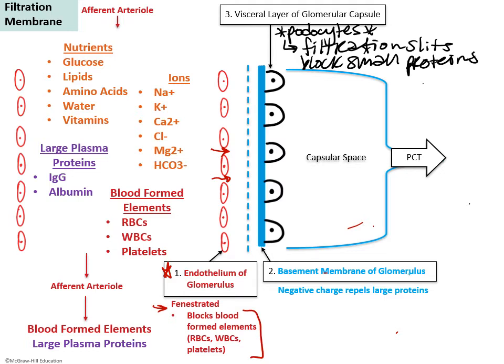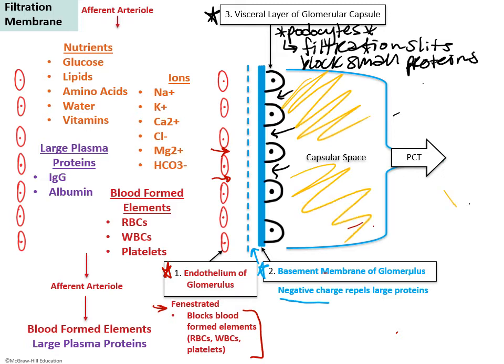Next, we are going to have number 2, this basement membrane of our glomerulus. It has a negative charge. This negative charge is going to repel any of those larger proteins. Then that third layer is the visceral layer of the glomerular capsule. It's composed of those podocyte cells that have those little filtration slits in between them, and this is going to block any small proteins from entering into the capsular space.